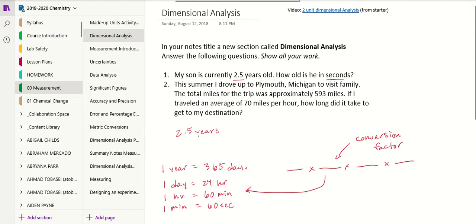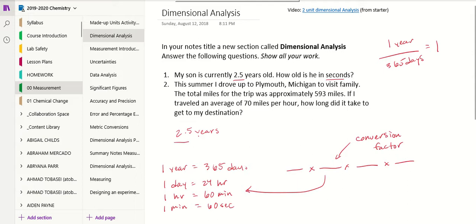Each one, when we make it a fraction, is equal to what value? 1 year over 365 days is equal to what? 1. This is a conversion factor. It's equal to 1. So essentially, we're multiplying our first number by 1 over and over and over again. That's why in the end, whatever we get is equivalent to what we start with.